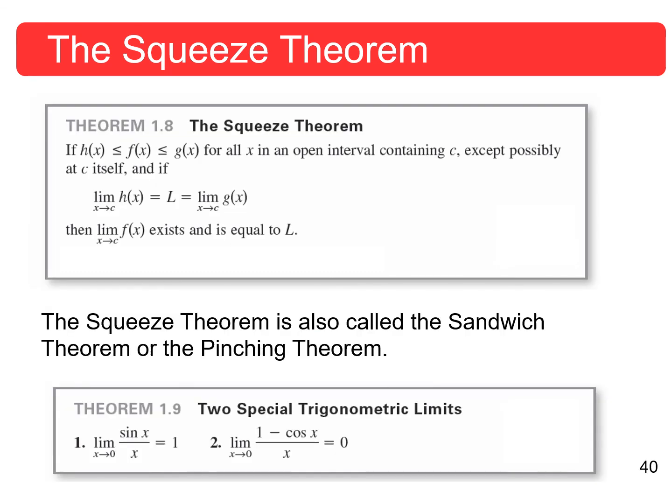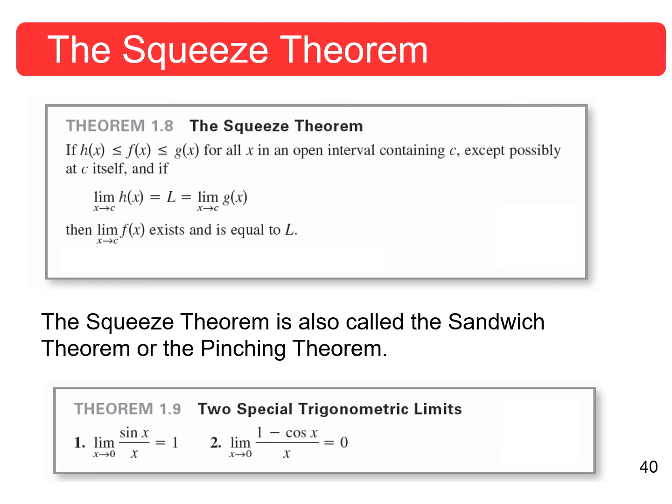Now let's discuss theorem 1.8, also known as the squeeze theorem. Suppose you're given three functions, f of x, h of x, and g of x, such that f of x is greater than or equal to h of x, and at the same time less than or equal to g of x, for all x in an open interval containing c, except possibly at c itself.